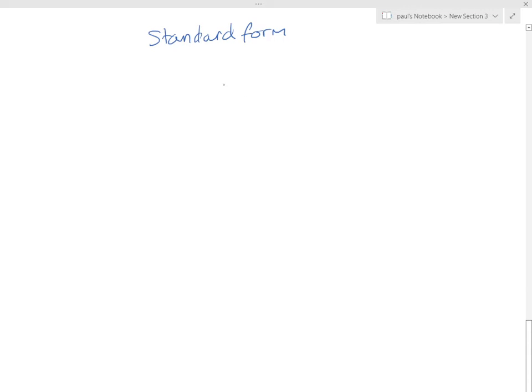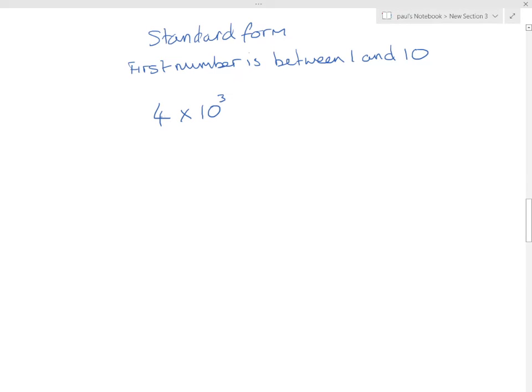Standard form, okay. So standard form is where the first number is between 1 and 10. And this is a way of writing very large or very small numbers. So let's look at what a standard form number looks like. So we could have 4 times 10 to the 3. Now this means the 10 to the 3 is 10 cubed, which is 10 times 10 times 10.